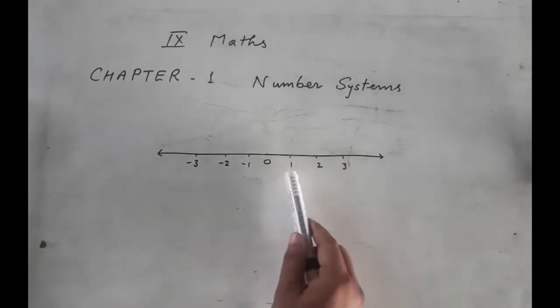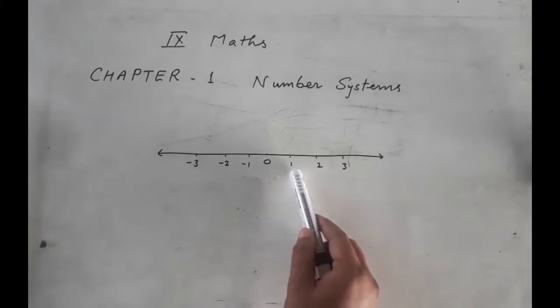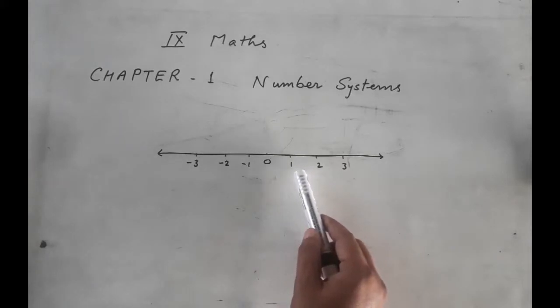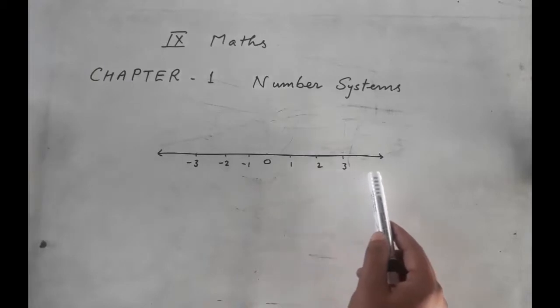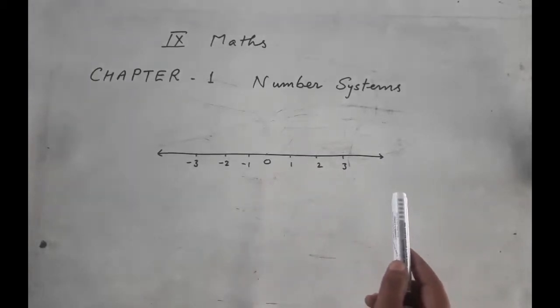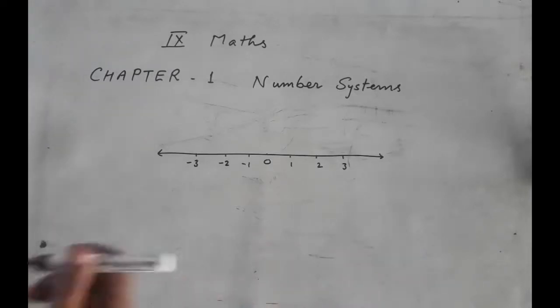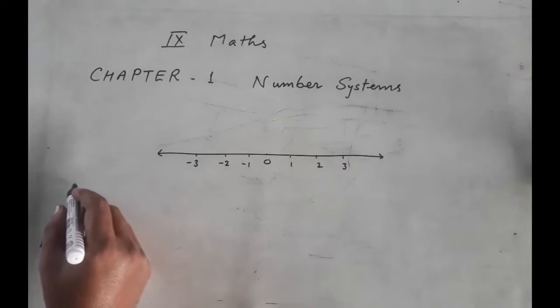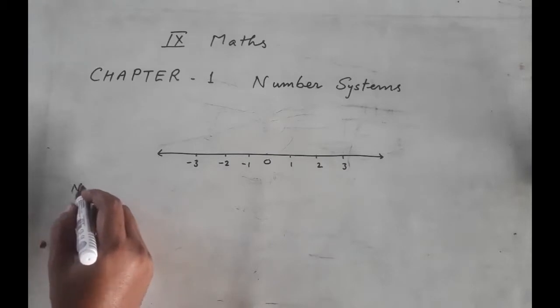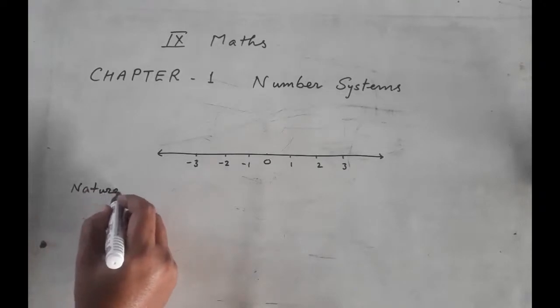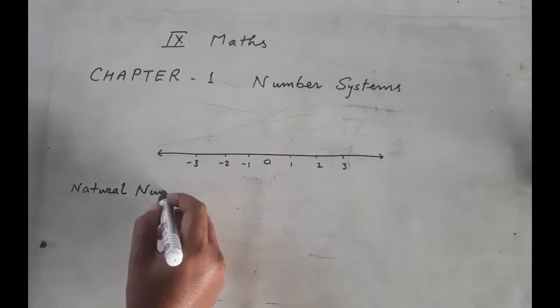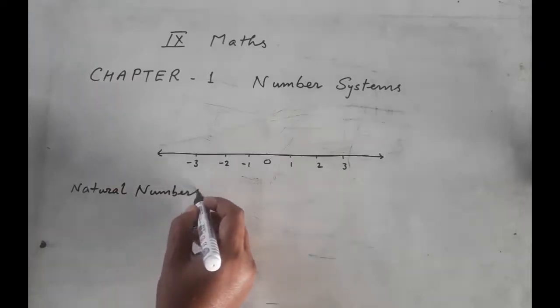The numbers on the right side that you write on the number line, that is 1, 2, 3, 4 and so on, are countable numbers. The collection of these numbers is called natural numbers.